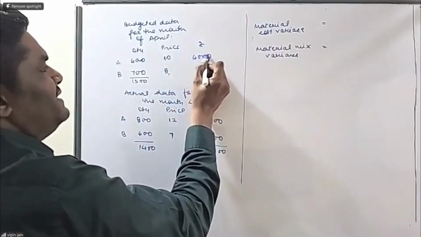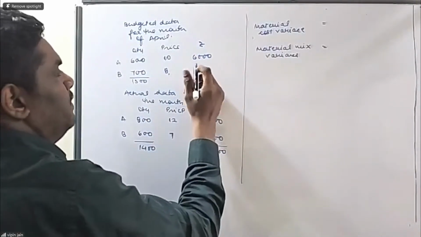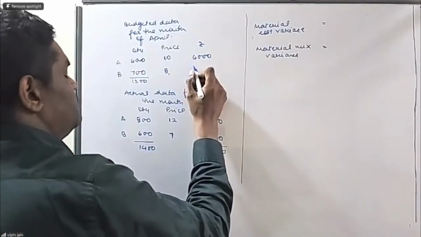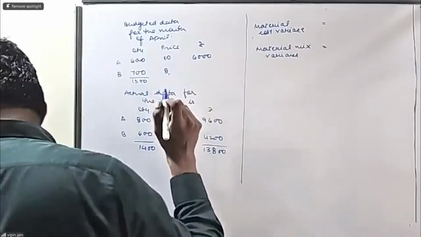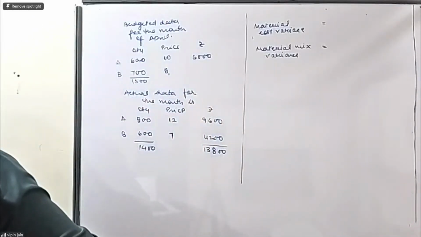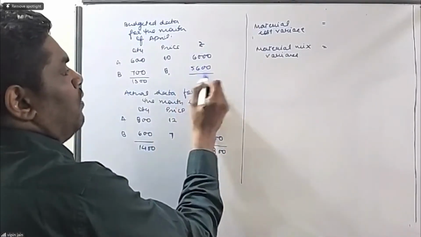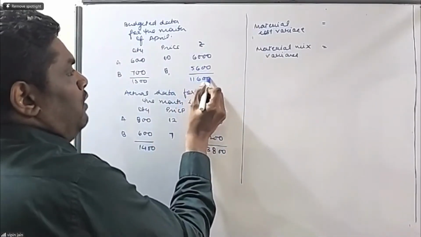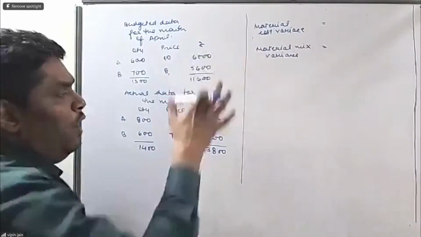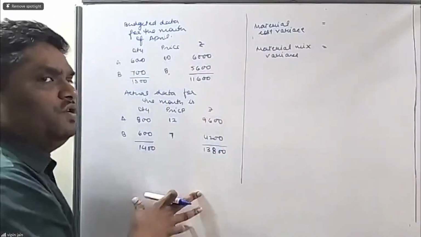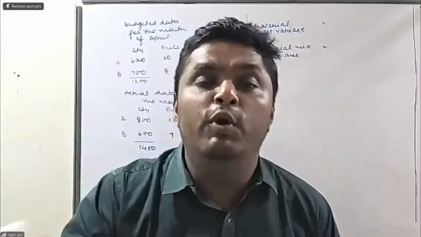So this will be 6,000. Herein, since the output is not given in the question, we will assume that output is same.